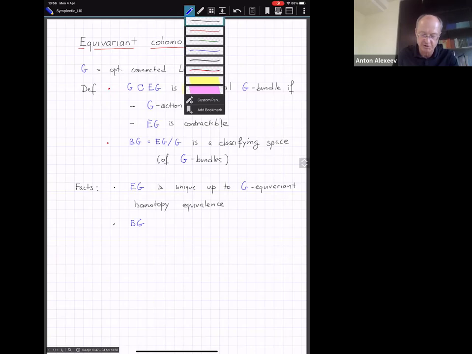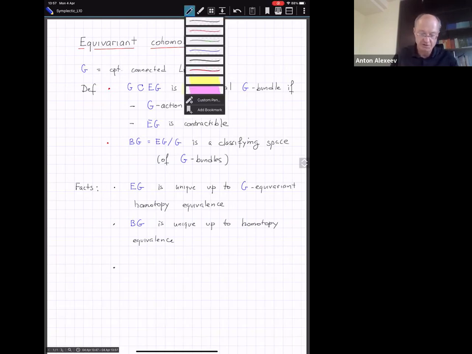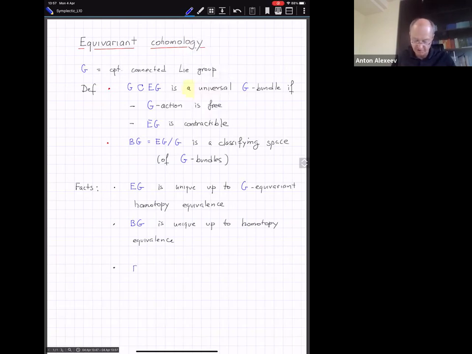So then BG is unique up to homotopy equivalence. So then there is yet another fact. Suppose we take some space, let's say B, and we consider a map phi from B to BG.